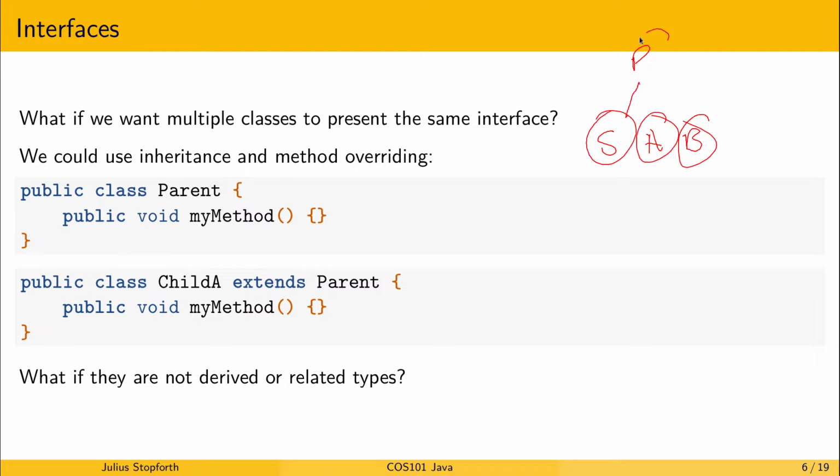With polymorphism, we might want to store them all as the same thing. And this is one way that we can control the class interface.